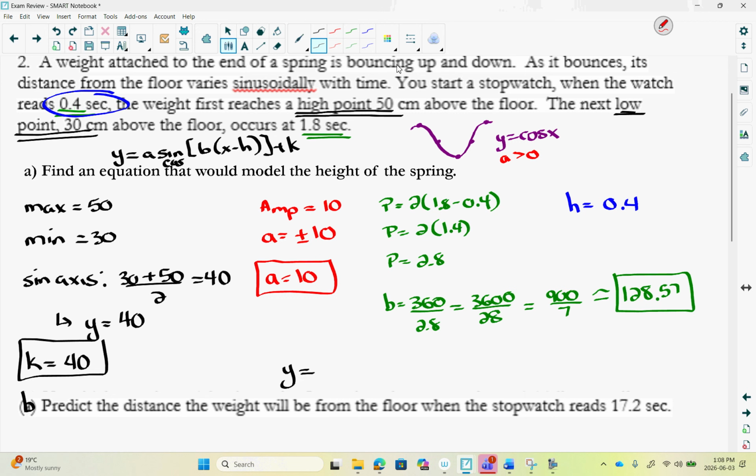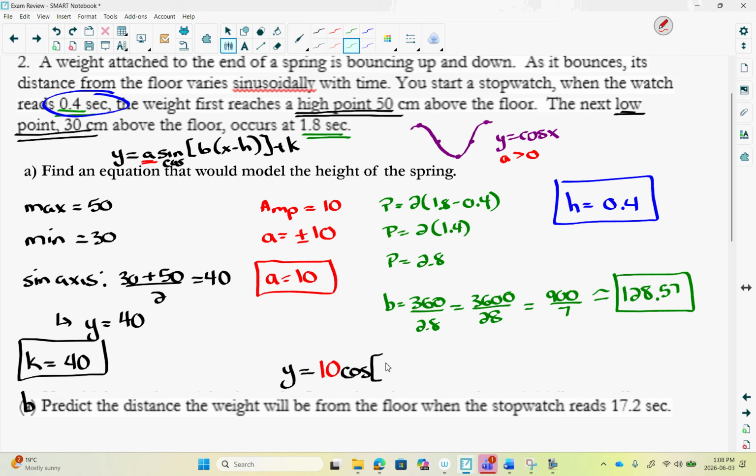Y equals. What am I going to fill in for my A value? What's little a? 10. Should I write sine or cosine? Cosine. And then I'm going to open a bracket.